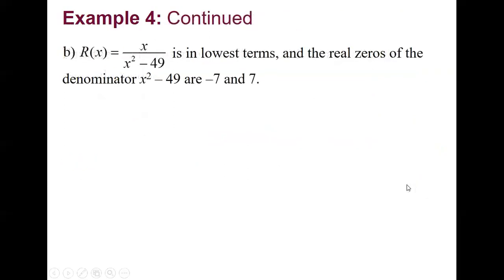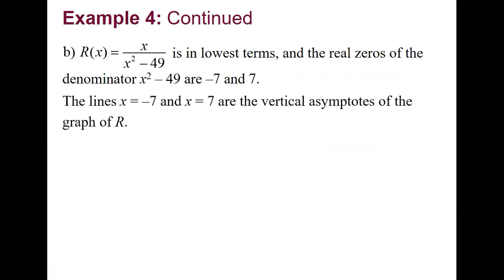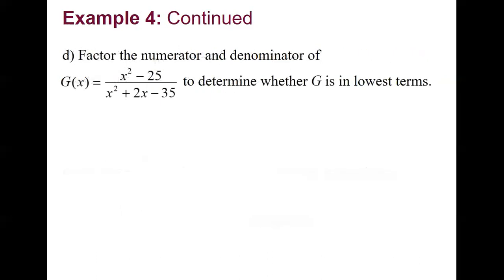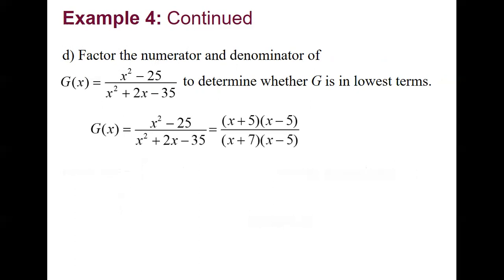So let's go through it a little more. We talked about here, we had to factor, and we could. So we ended up with our 2 vertical asymptotes, right? On C, we couldn't factor, and we couldn't solve for x. So that means that there is no vertical asymptote, right? And then on the last one, we had to factor the numerator and the denominator.